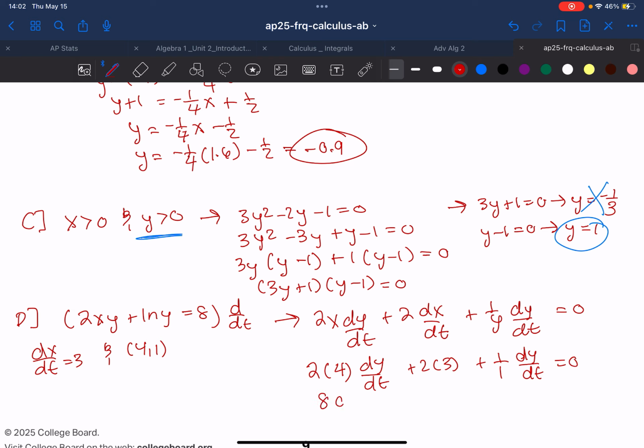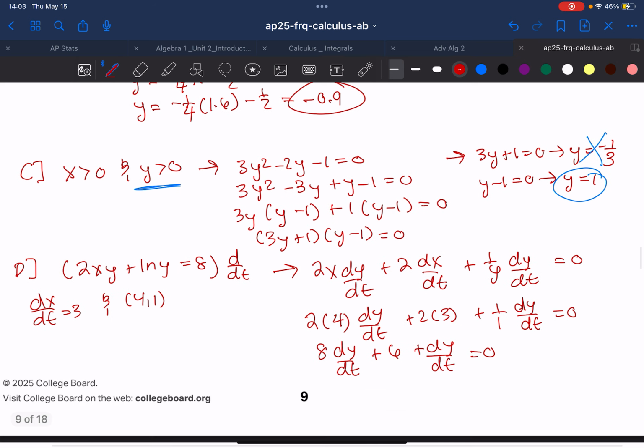So I have 8 dy/dt plus 6 plus dy/dt equals 0. So I have dy/dt times (8 plus 1) equals negative 6. So dy/dt is equal to negative 6 over 9, which is equal to negative 2/3.